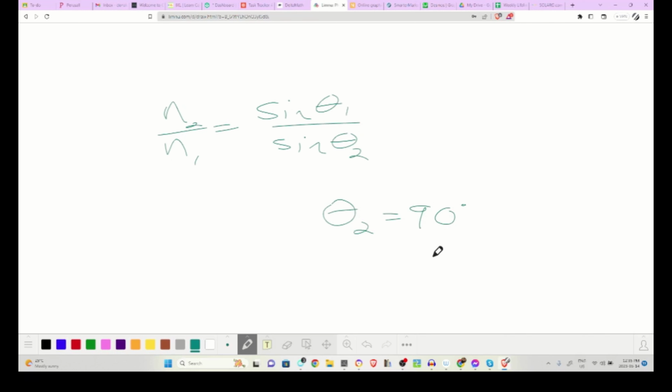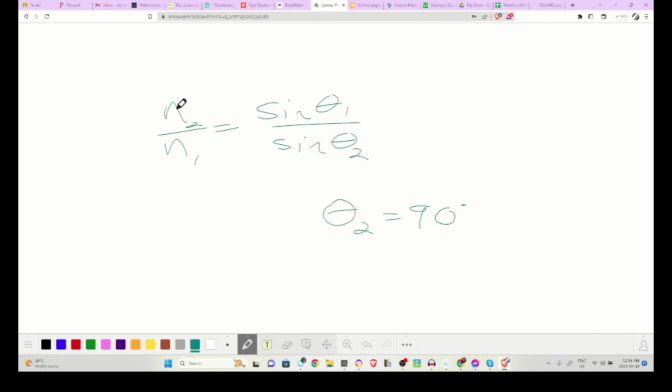But with Snell's law, we're looking for n2 over n1 equals sine theta 1 over sine theta 2, where the one we know, so in this case theta 2, is 90 degrees. So this will hit just the surface of the water instead of coming out.